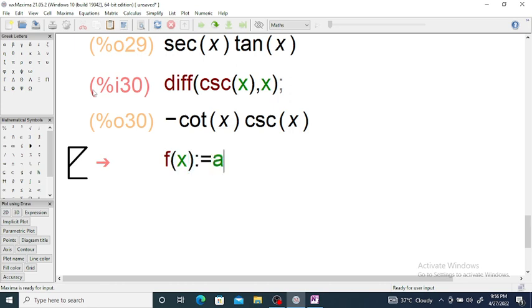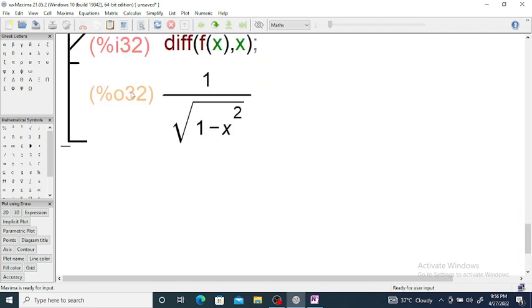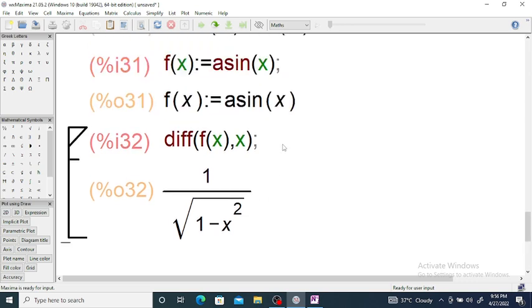So write f of x is equal to asin of x. If you write this as asin of x, then the derivative of f of x with respect to the independent variable x, you can check, is equal to 1 divided by under root of 1 minus x square.